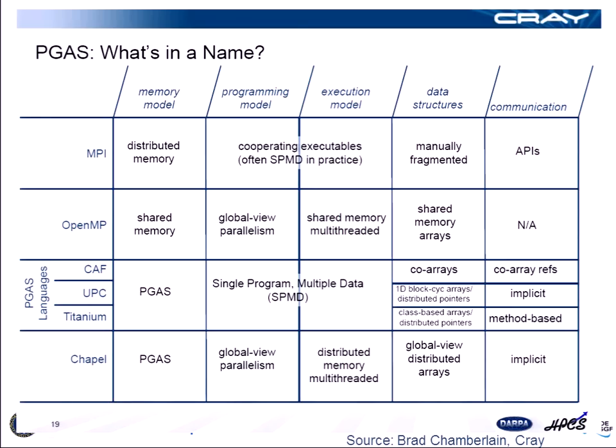And this is a slide from Brad Chamberlain that I saw a couple weeks ago. Really, if you think about it, in HPC today, there are the two dominant models, MPI and, with some, OpenMP. And for the most part, MPI just completely dominates the HPC space. Part of the reason for that is you have distributed memory, but you're in charge of managing that distributed memory.